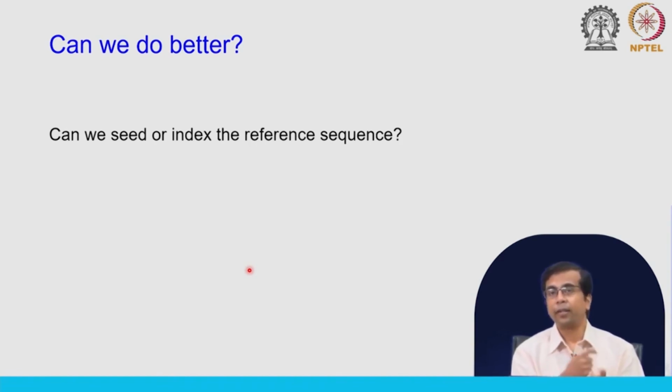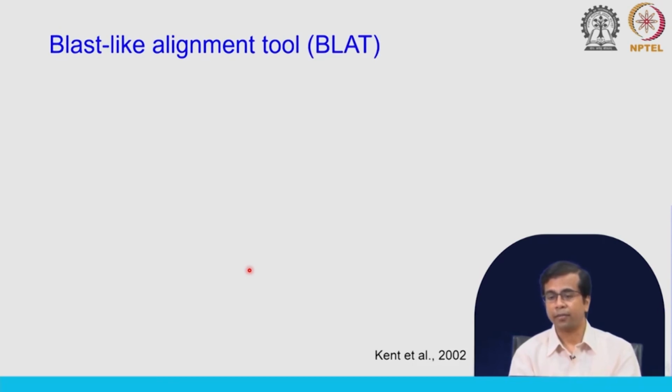But if we do the opposite, if we create those seeds from the reference sequence and search against the read sequence, this will be faster because the read sequence is smaller in length. So, we may have to search more seeds, but the comparison for each seed is much faster. This is the idea, and there is a tool that does this. It is called BLAST like alignment tool or BLAT.